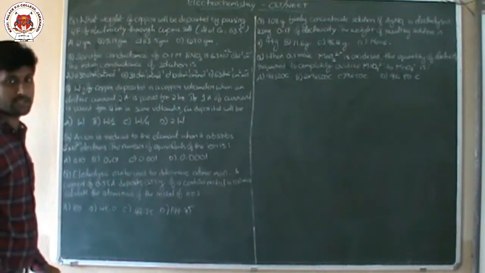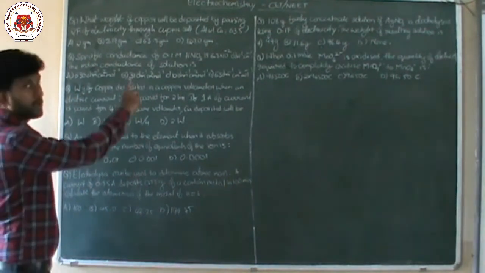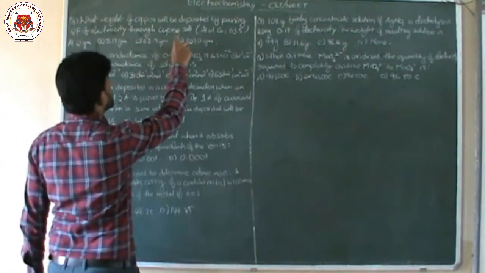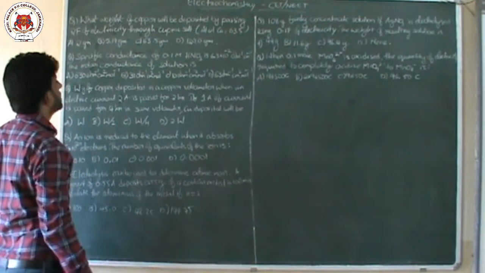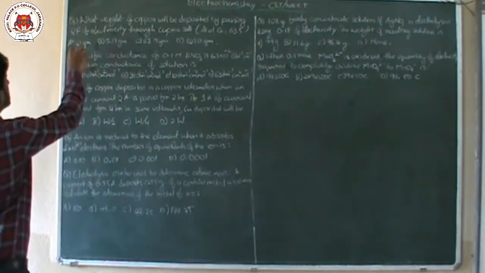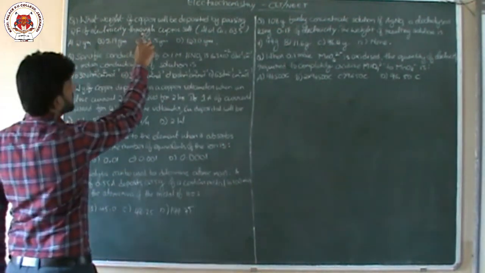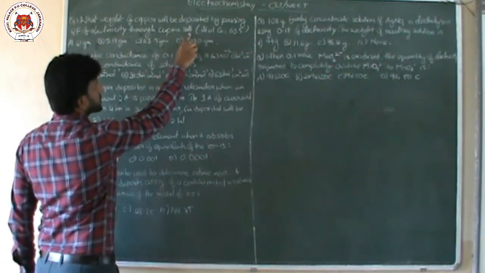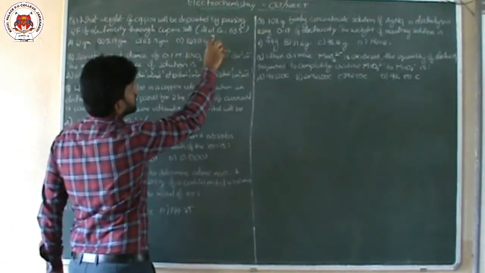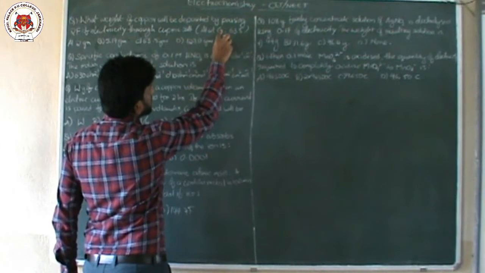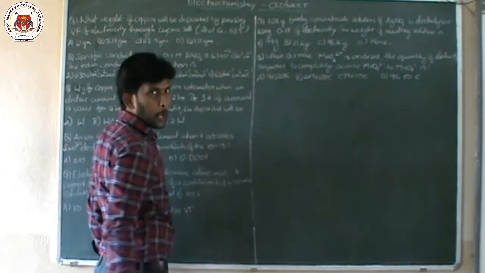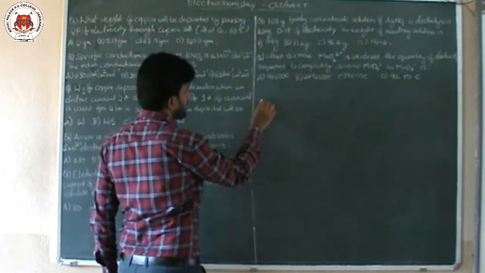Today's first question is, what weight of copper will be deposited by passing 2 Faraday of electricity through cupric salt? Atomic weight of copper is 63.5.